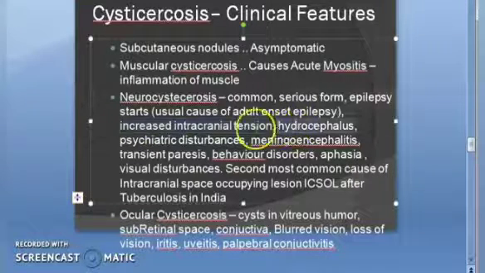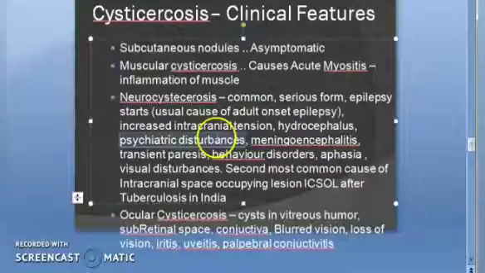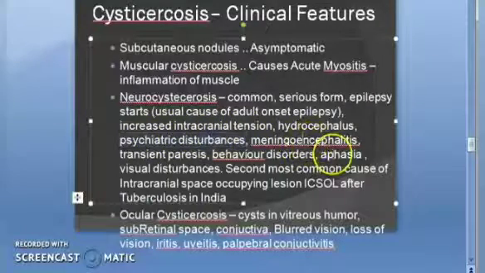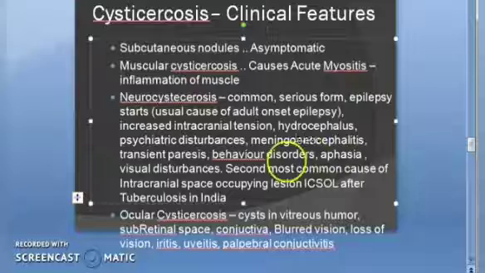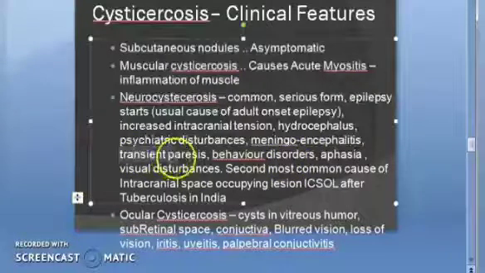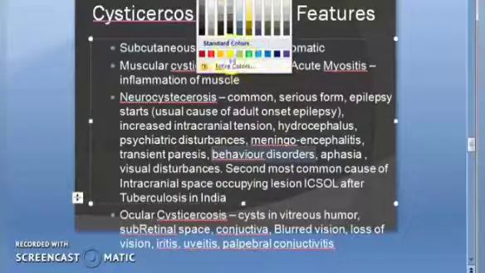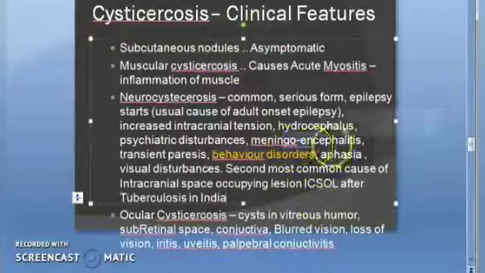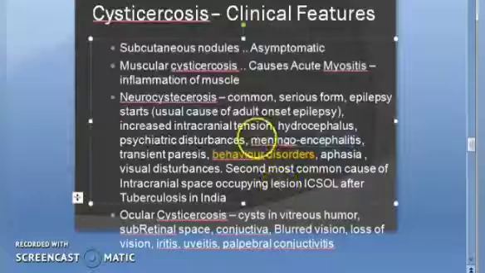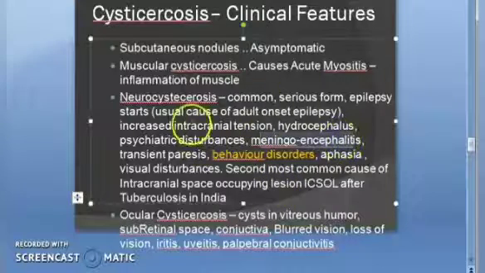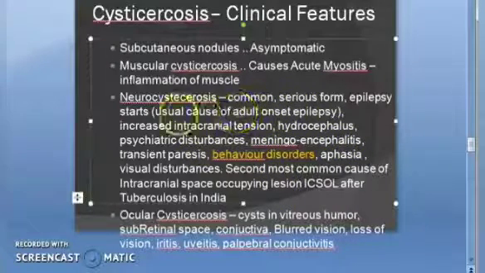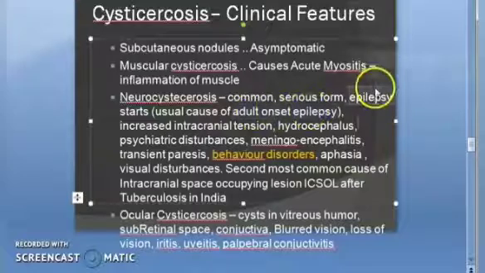Hydrocephalus, psychiatric disturbances, meningoencephalitis. Transient paresis, behavioral disorders. Suddenly this person became mad. Why? Because of all these worms.